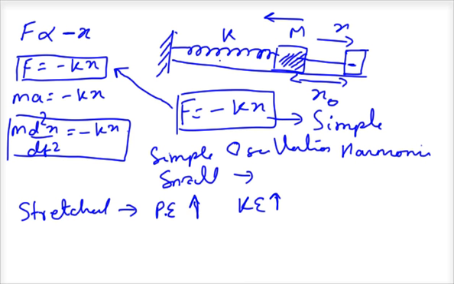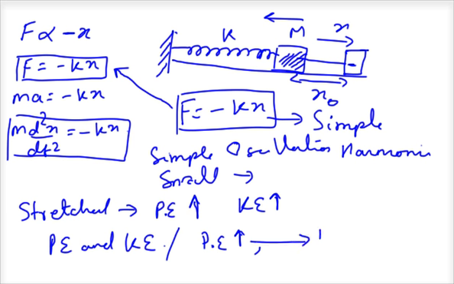The stretch in the spring decreases, so potential energy decreases, right? So what happens in oscillations is a constant transfer or interchange between potential energy and kinetic energy, and vice versa.